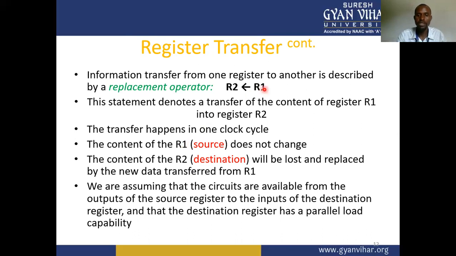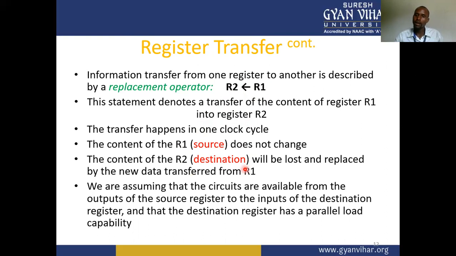Whatever is being processed or stored in R1 does not change, but whatever is stored in R2 will be changed after the transfer. That means when R1 deposits its contents in R2, whatever was previously stored in R2 will be displaced by the new information being transferred by R1.